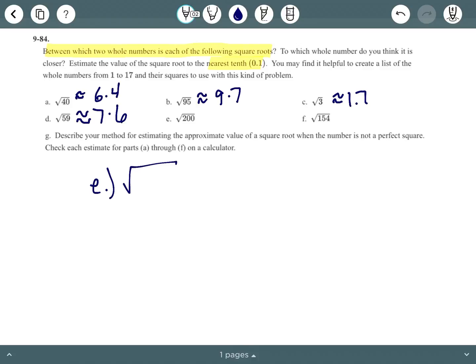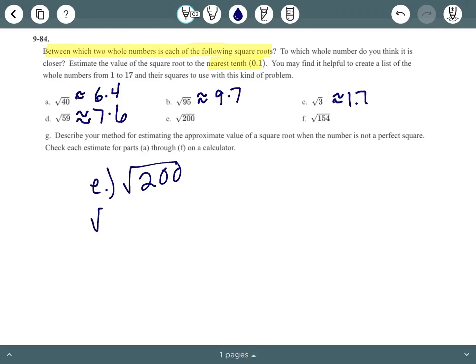So the square root of 200. Now I know for this one that the closest perfect square is going to be, let's see, 196.